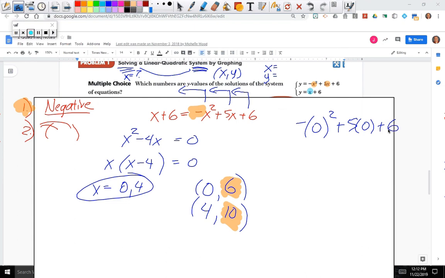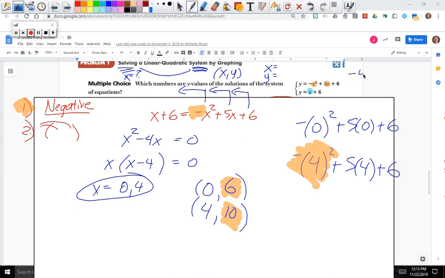And a lot of this test will be non-calculator. And this is where a lot of mistakes happen. Let's say that we plugged in 4. Let me show you what I'm talking about. Right here is where a lot of mistakes will happen when you're doing it by hand. What does that equal? Negative 16. Okay?